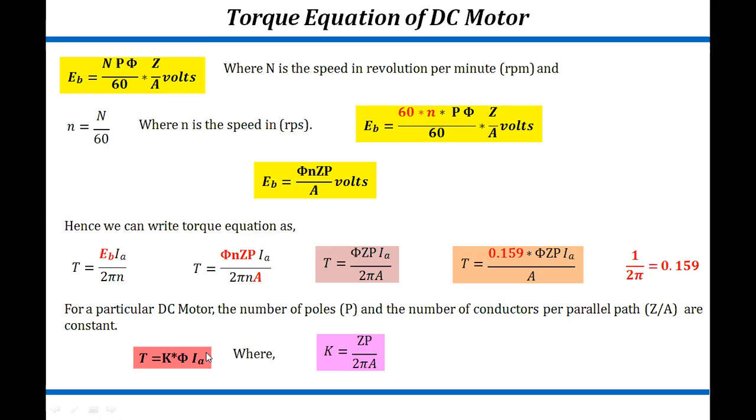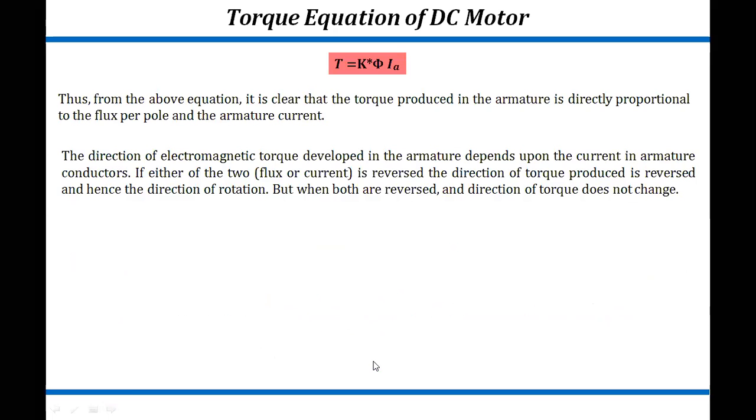It means the value of torque depends on the armature current and on the magnetic flux. This equation you will need to solve numericals. Also you will need T equal to phi ZP IA upon 2 pi A, where K is the constant term ZP upon 2 pi A. These equations you will need.